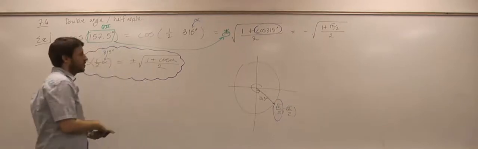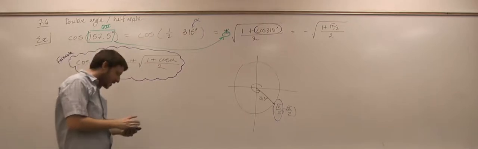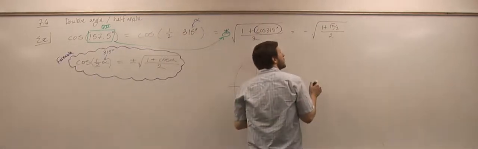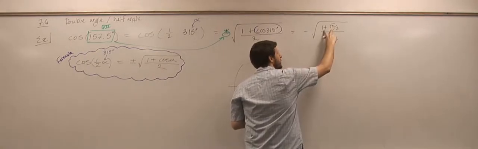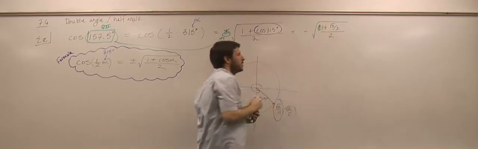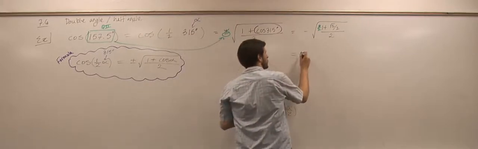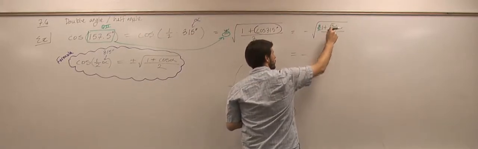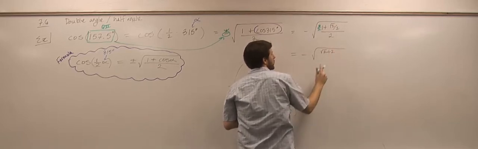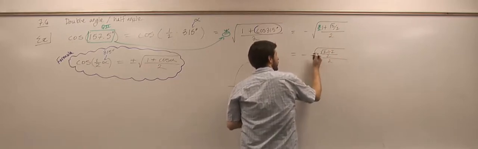But this is ugly, so I will try to make it less ugly. So how can I simplify this a little bit? Let's go ahead and add these fractions. This is a 2 over 2. So if I add 2 over 2 plus root 2 over 2, what do I get? Root 2 plus 2 over 2. But I have another over 2.